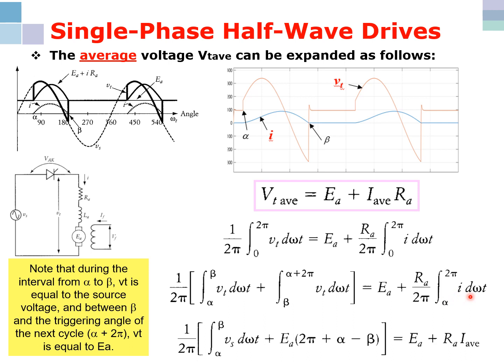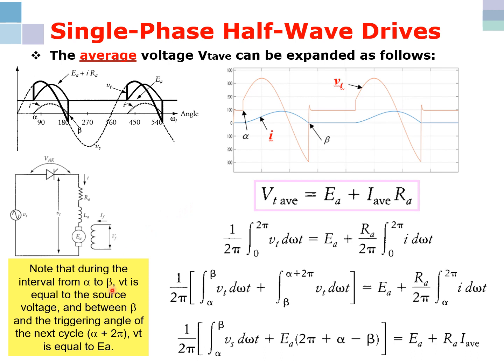Okay, VT d omega t is maintained from EA plus RA over 2 pi, integration of I d omega t from alpha to pi, and then we solve this integration, and we get EA times pi plus alpha minus beta. And then for this one, we solve the value of EA plus RA I average.